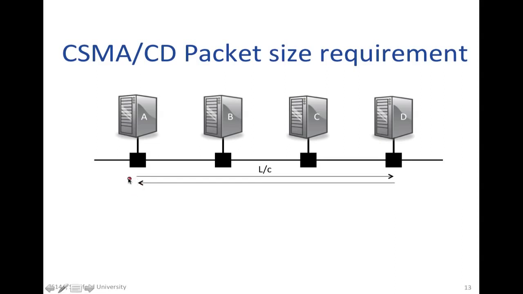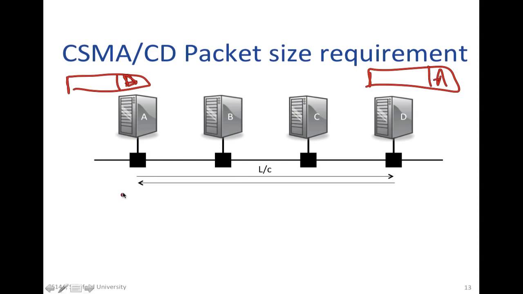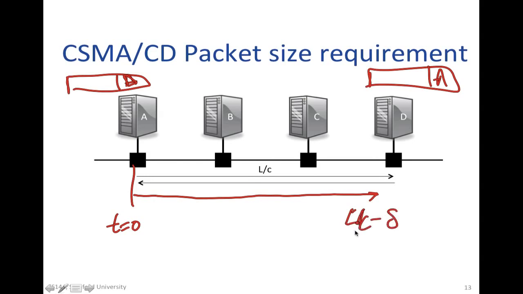Remember, we have a packet from A to D, and packets from D to A. D listens, hears that the wire is quiet, and at time t equals 0, the first bit from A starts propagating down towards D. Now imagine that at a time L over C minus delta, a tiny time period before that first bit reaches D, host D decides that it's going to send its packet.